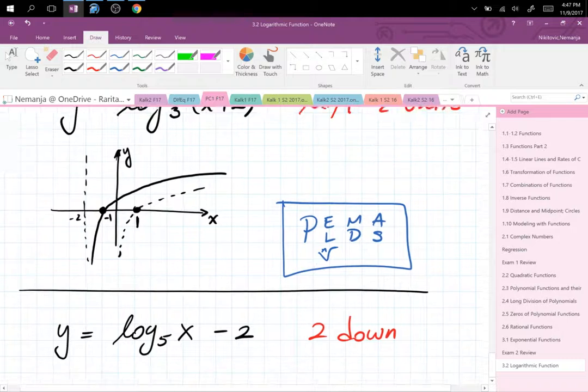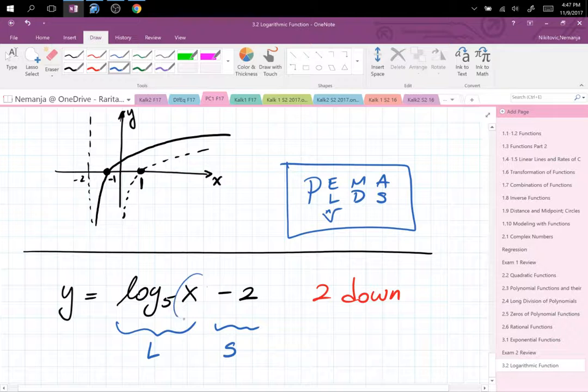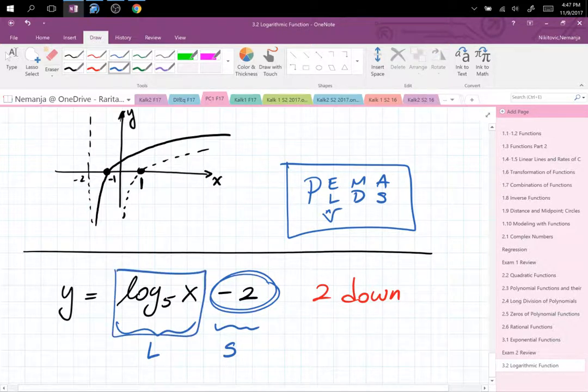Comparing this to your PELMDAS, this is your L, and this is the subtraction S. So you see that you cannot shift this x to the right, because this -2 applies after the log does whatever needs to be done to x.